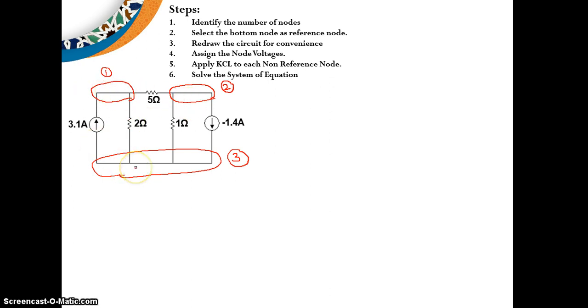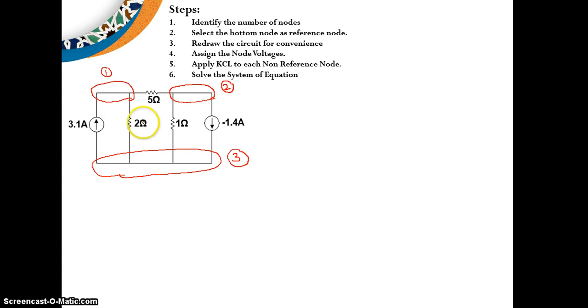The next step is to select the bottom node as the reference node. Now see node 3, the bottom node. Take it as the reference node, which means you are assuming the potential of that node to be 0. Why are we calling it a reference node?